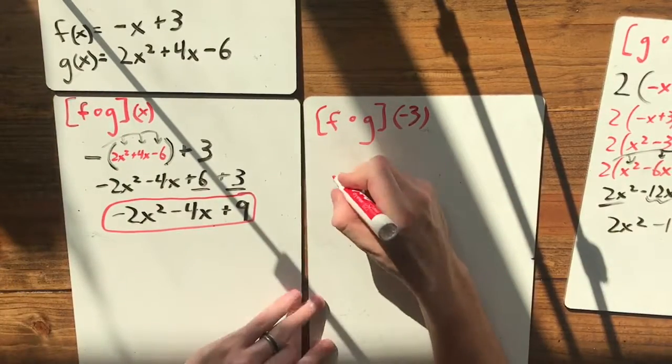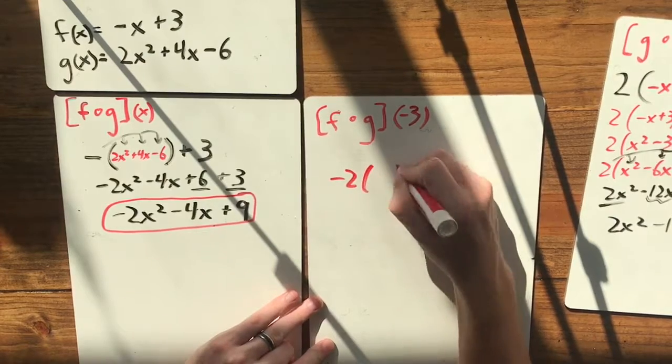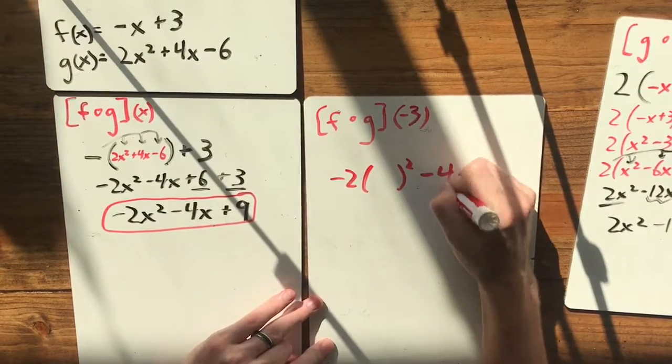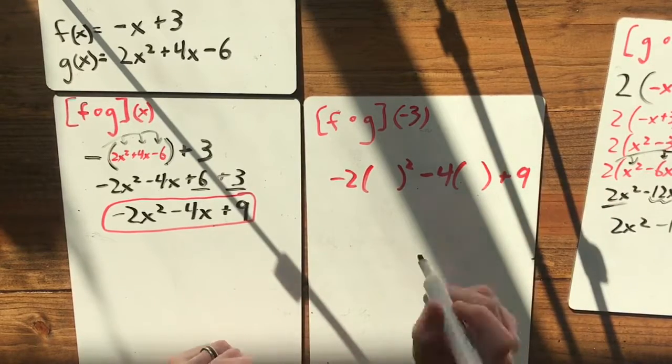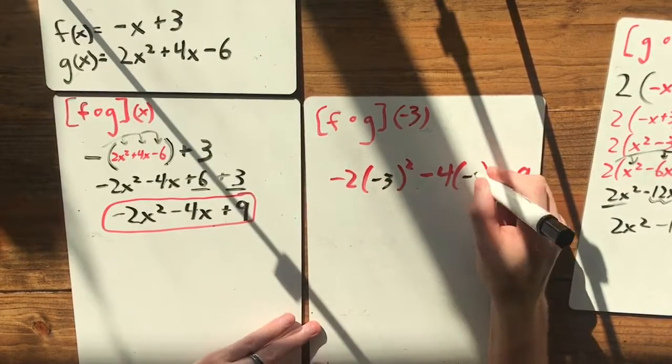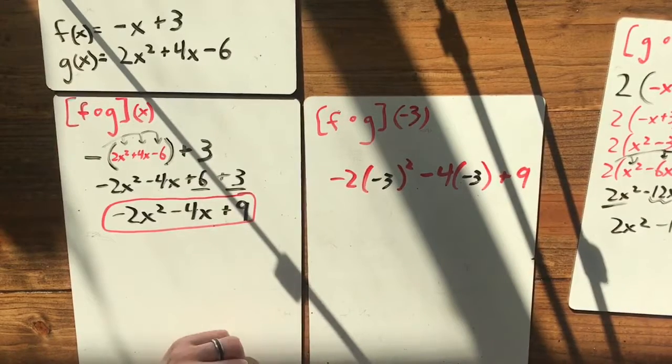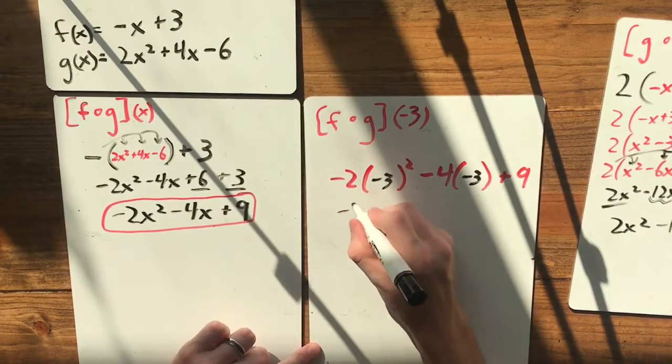So I'm going to take this and replace the x in f composed of g. I'm going to replace the x with, you guessed it, a negative 3. I'll do my exponents first.